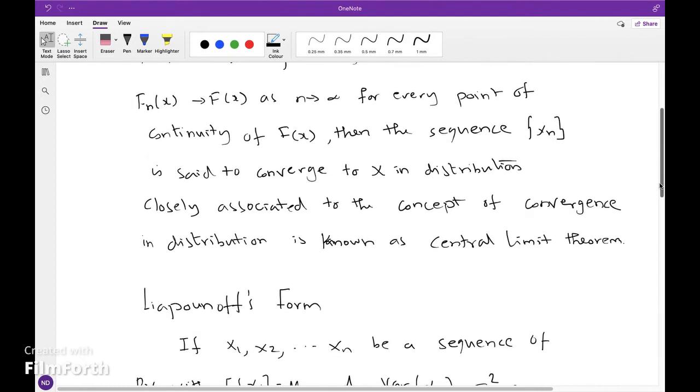Closely associated with the concept of convergence in distribution is the central limit theorem. The central limit theorem has two forms.